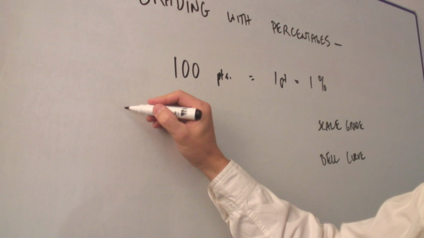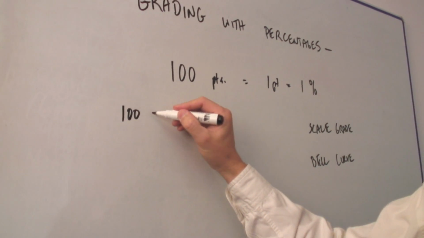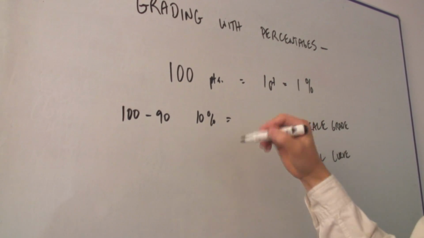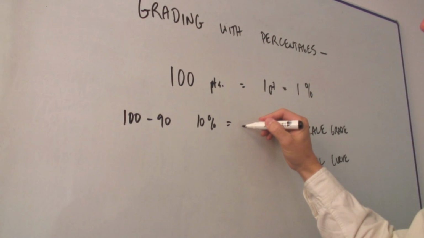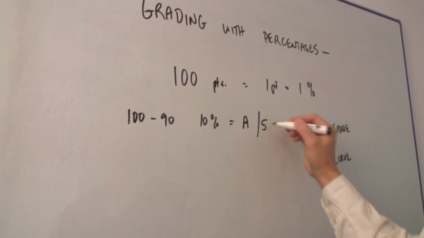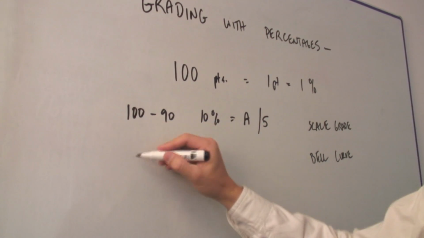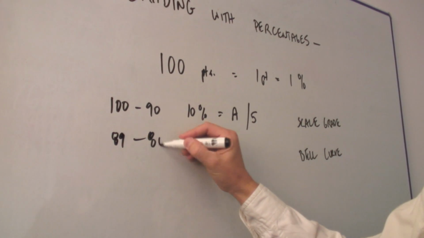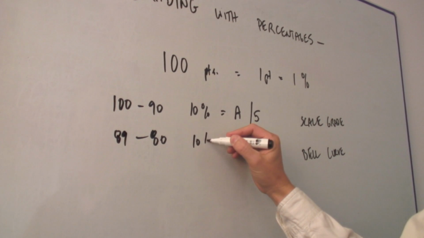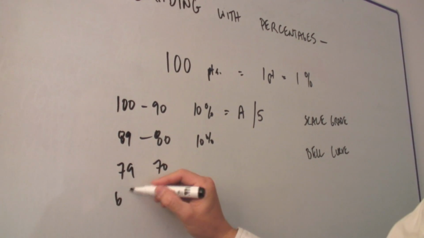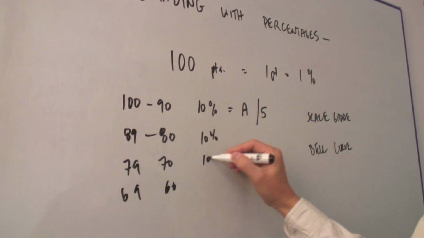Normally in the West, we start with 100 to 90, or 10%. And that's normally the best grade. In the US, we have an A. In Europe, often they use a 5. And then you go down to more 10% breakdowns: 89 to 80, 79 to 70, 69 to 60.